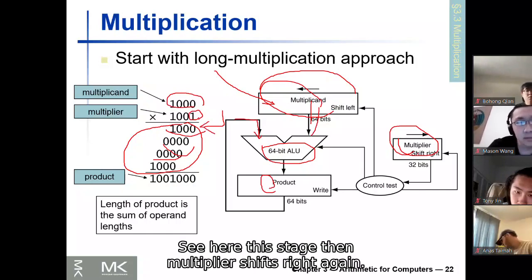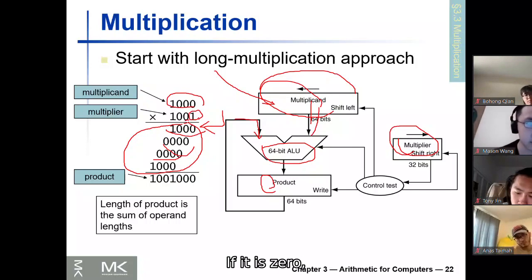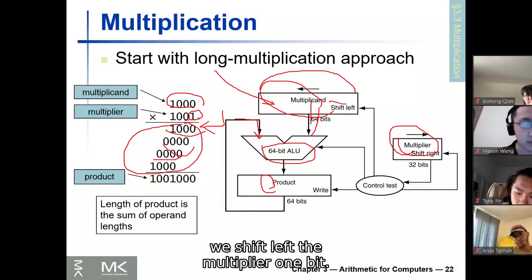Then the multiplier shifts right again. The next shift will bring 0 to the right. So if it is 0, then control says, okay, nothing will be added. I forgot to tell you, after each stage, we shift left the multiplicand 1 bit.